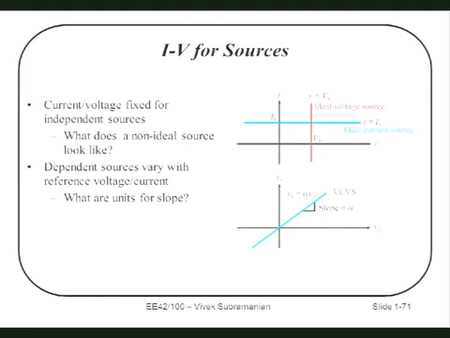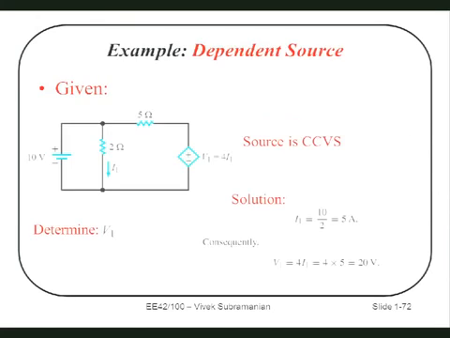Let's take an example, and the example I will take will be a circuit over here. It's a 10 volt circuit. We're going to do our first circuit analysis. It's a very simple one. I've got a 2 ohm resistor here, a 5 ohm resistor here, and a current controlled voltage source here.